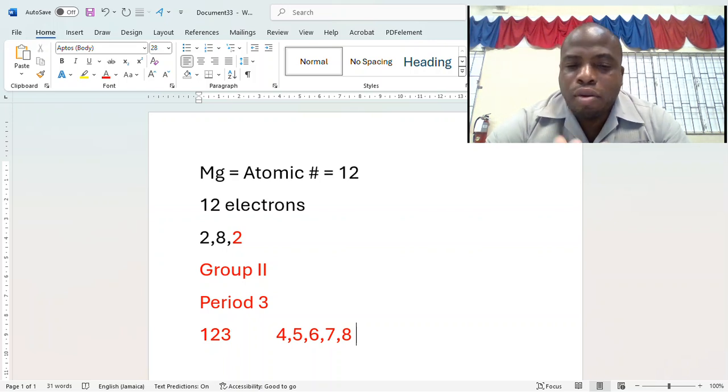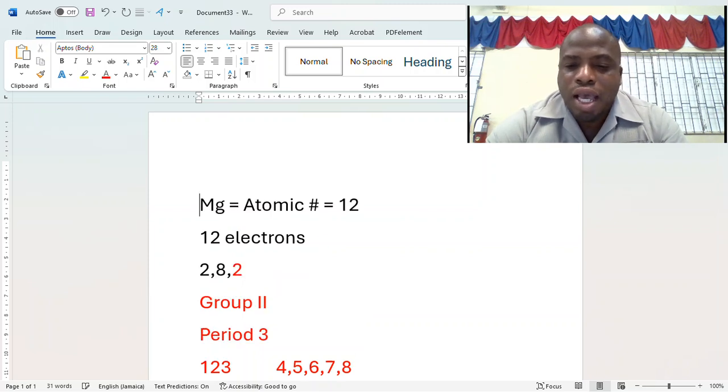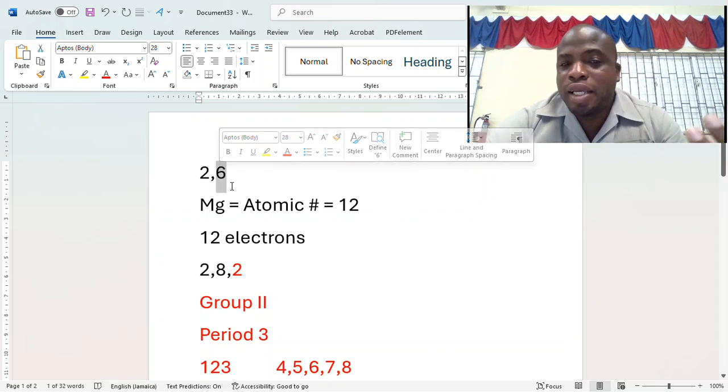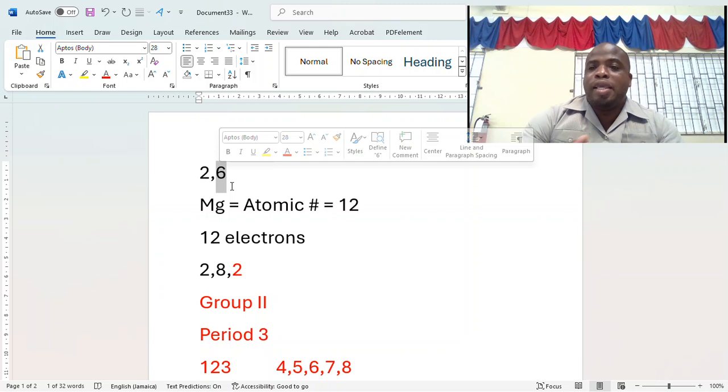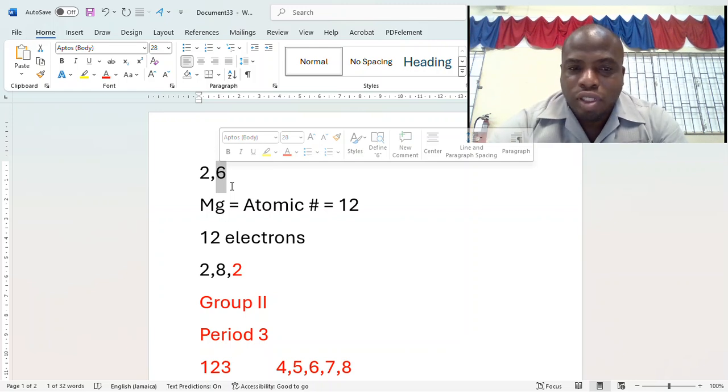So the moment I see, if I happen to have another element and I say that the electronic configuration is 2, 6, then I know this 6 is saying that the element is in group 6, and so it should be a non-metal. Properties of non-metal, right?